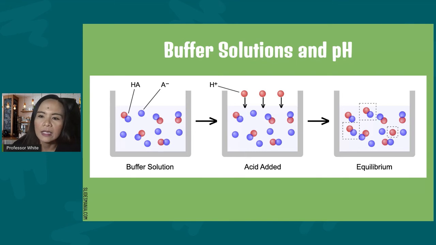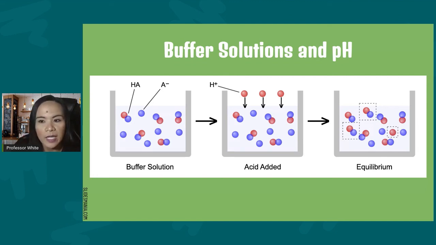In this illustration, only one of the three added hydrogen ions remains free in the solution and contributes to a change in the solution pH. It is in this manner that a buffer system responds to the addition of acids and maintains its pH.